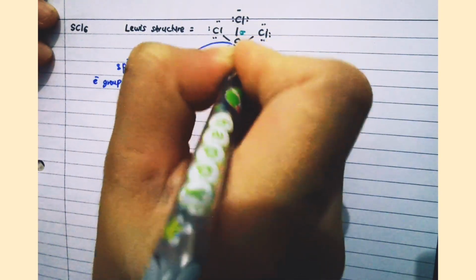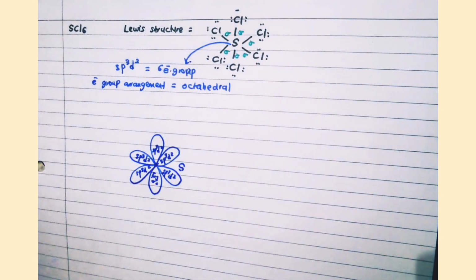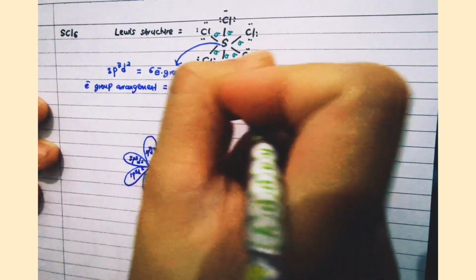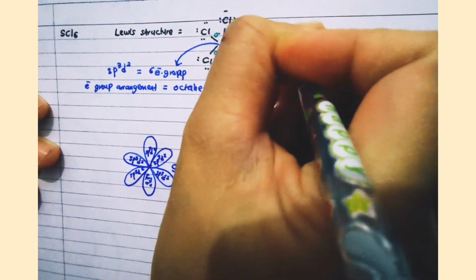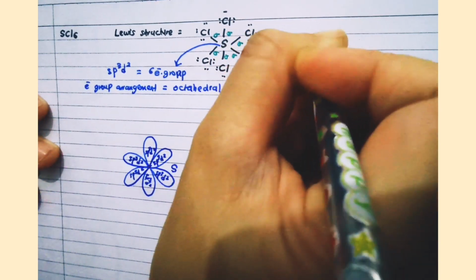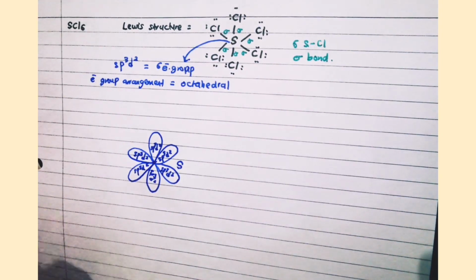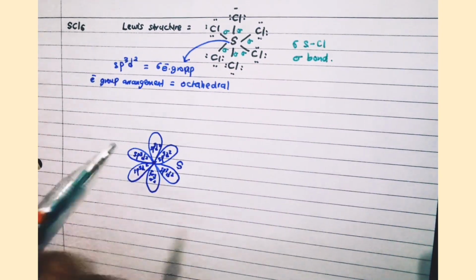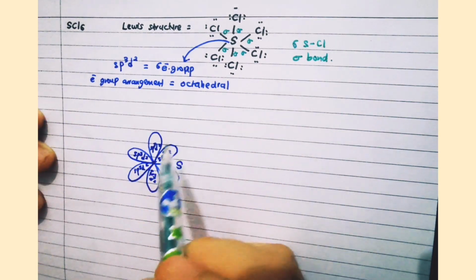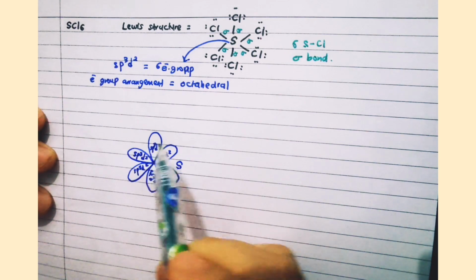We have 1, 2, 3, 4, 5, 6 sigma bonds. We have 6 S-Cl sigma bonds.